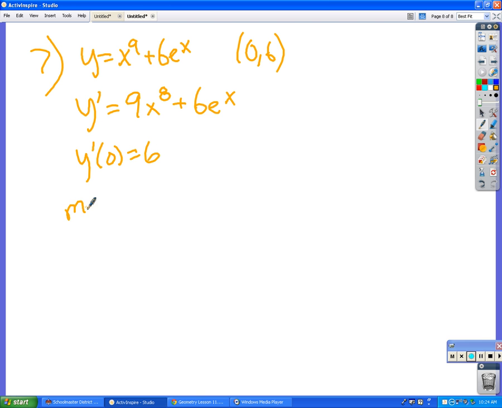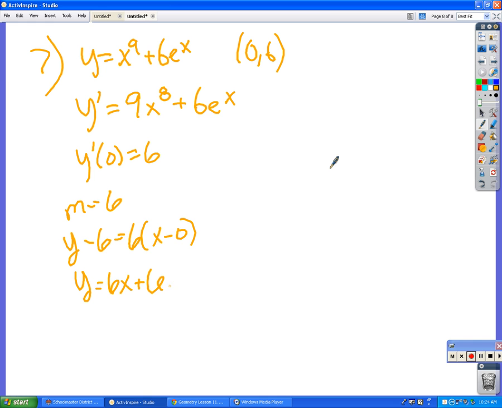So that means the slope of the tangent line is 6, so that would be y minus 6 equals 6 times x minus 0, or in regular speak, y equals 6x plus 6. I think there's a normal line.